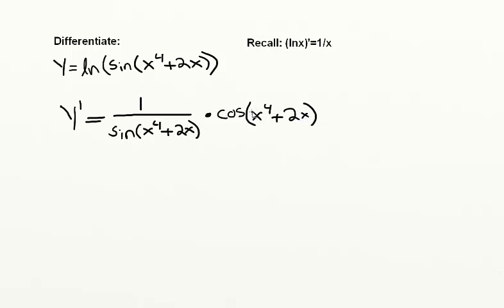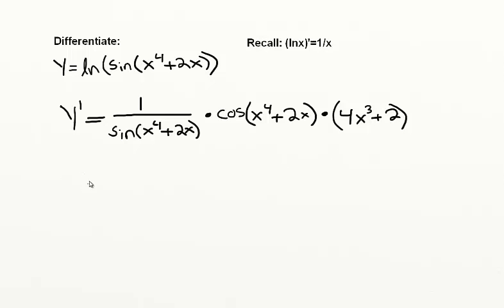And that means we need to use the chain rule again. So we're going to take the derivative of what's inside the cosine function, which is x to the fourth plus 2x. So now we're going to multiply that by the derivative of x to the fourth plus 2x, which is 4x cubed plus 2.